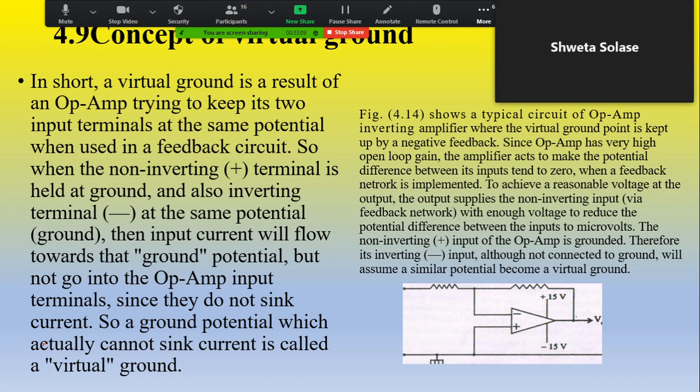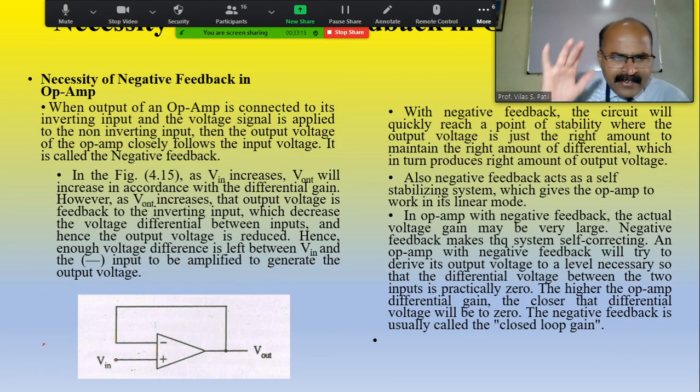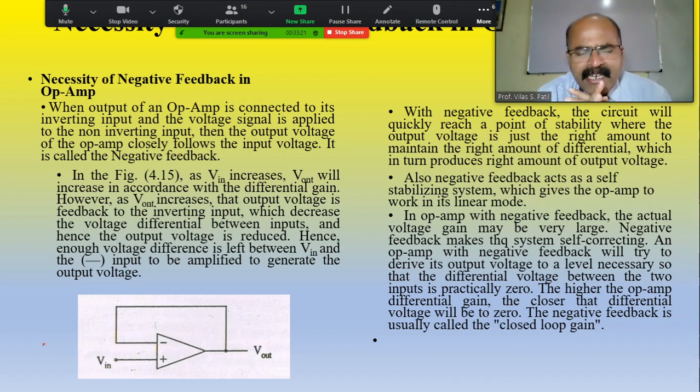Yes, sir. Shweta, thank you. Again, we are going to the next, that is the necessity for negative feedback. What is the necessity of negative feedback? What will be the effect on an operational amplifier if we achieve negative feedback?